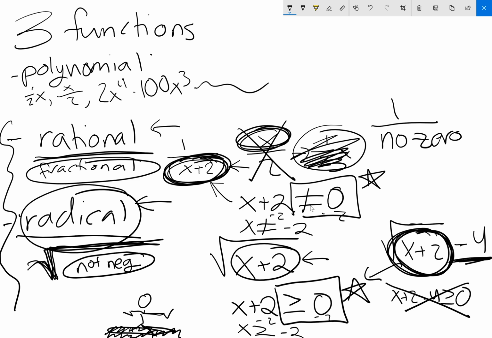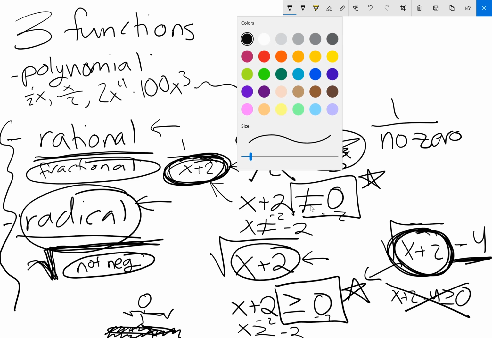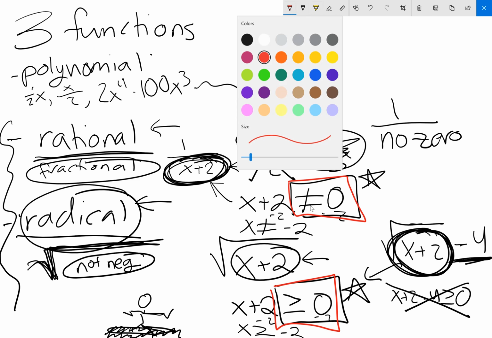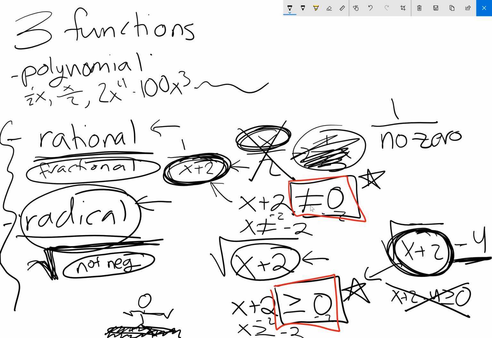Remember these two things for rational and radical. Rational functions are pretty rational. They only want one thing: they're just like, listen, I just don't want a 0 in the denominator. I could do anything else. I'm a really rational guy.